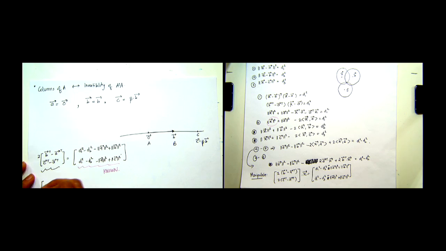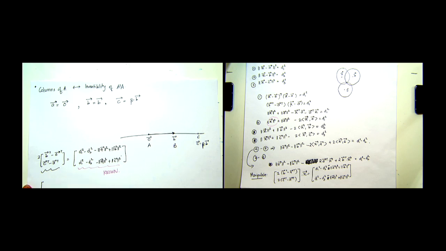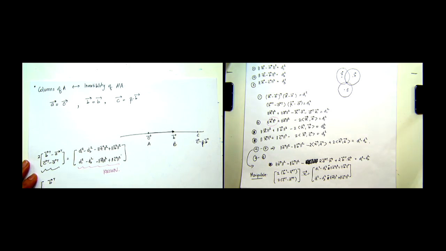So if I think about B transpose minus A transpose, if A is put at the 0 vector, what is B transpose minus A transpose? Just B transpose, right? A is 0. So I subtract the 0 vector from something, well, I just have B transpose. What about C transpose minus A transpose?